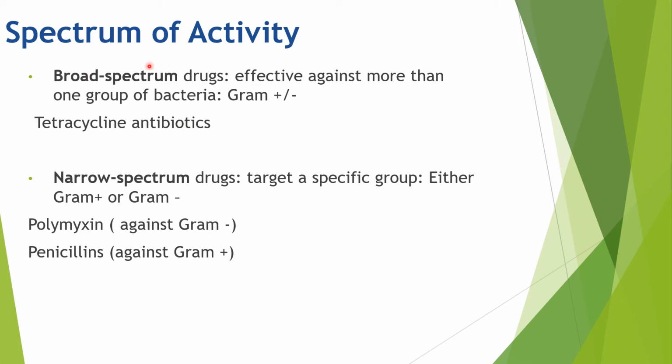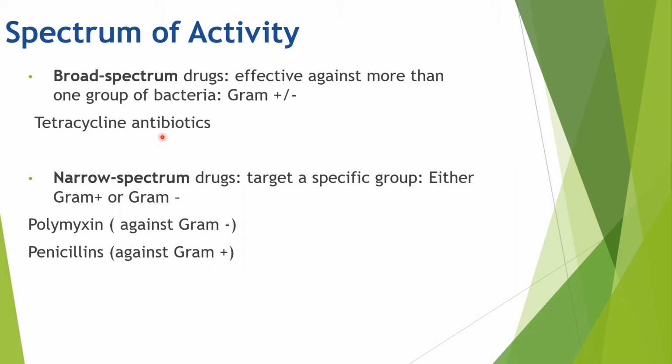Broad spectrum antibiotics are known to be effective against more than one type of bacteria. So those broad spectrum antibiotics are going to be effective against gram-positive and gram-negative bacteria. An example of a broad spectrum antibiotic is tetracycline.